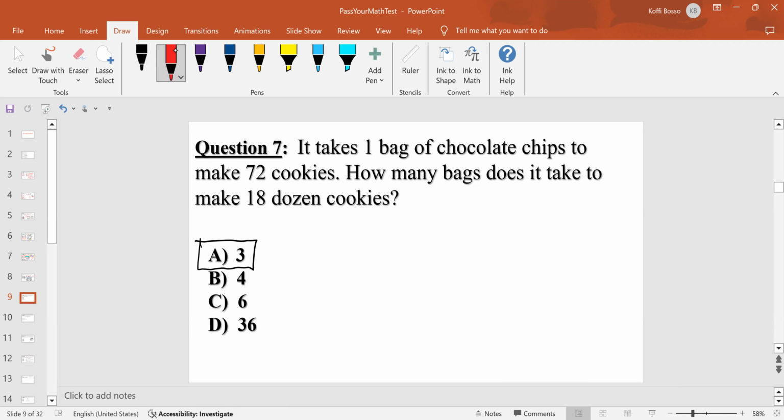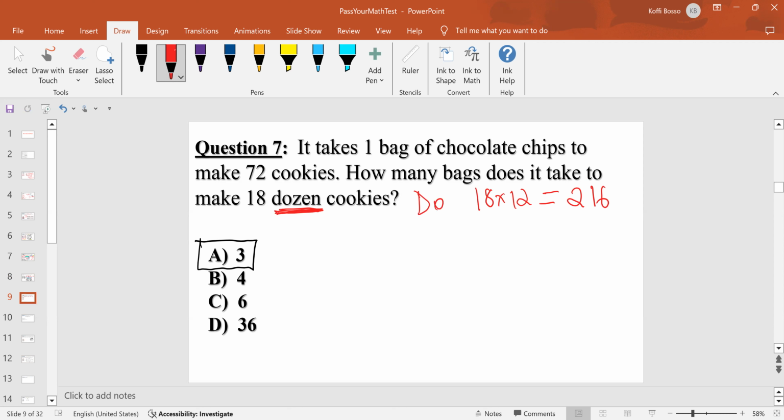Keyword. Look, dozen. 18 dozen. Okay, so to know how many cookies we're going to have with 18 dozen, do 18 multiplied by 12. Okay, that gives you 216. 18 dozen.